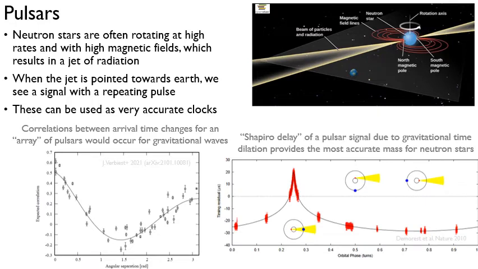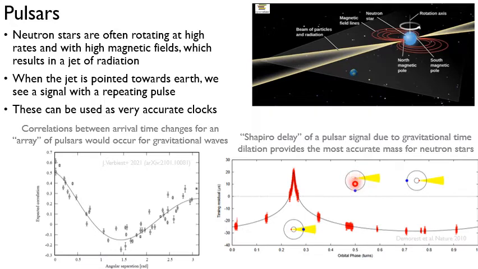Another thing you can do is if you have a pulsar that's in a binary system, so a pulsar has a binary companion, for instance a neutron star, then what will happen is if that pulsar is pointed towards us, when the neutron star, for instance, is placed between us and the other neutron star that's pulsing, there will be a time dilation from general relativity.